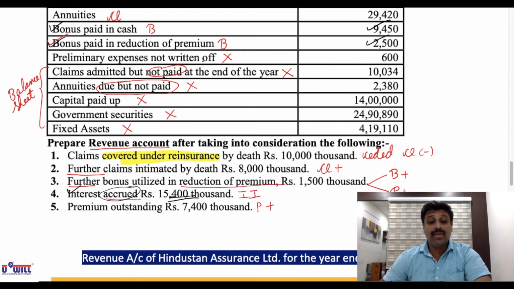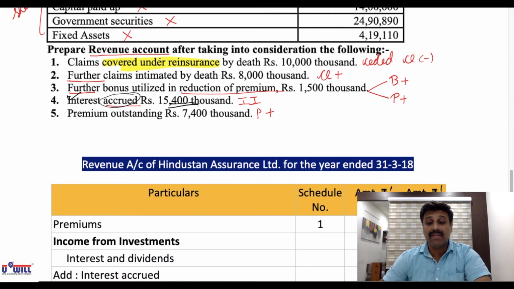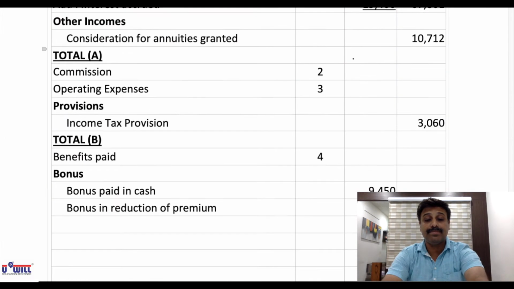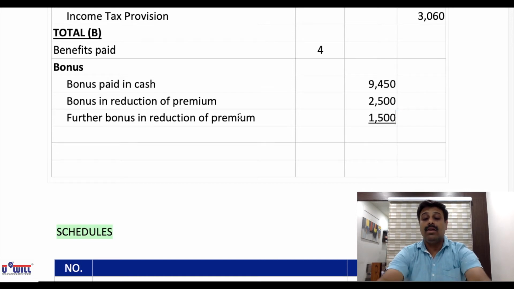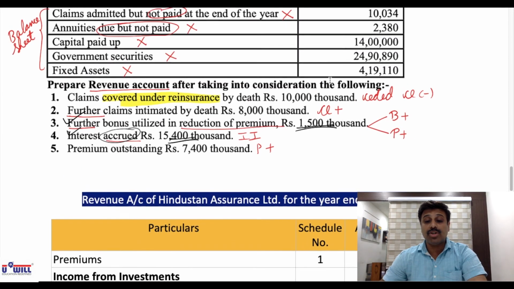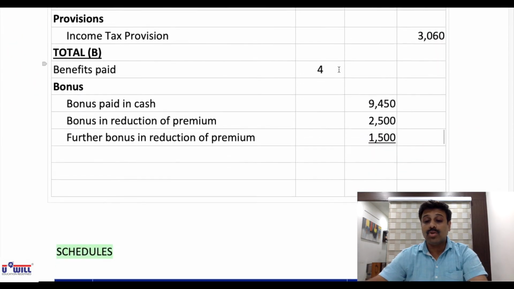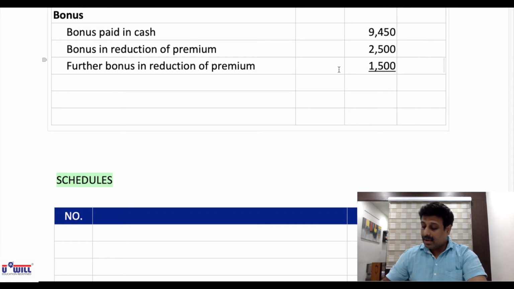Then in adjustments also we have this third item, further bonus in reduction of premium 1500. No other item marked as B is there in the question. So total of bonus amount: 9450 plus 2500 plus 1500, that comes to 13,450.